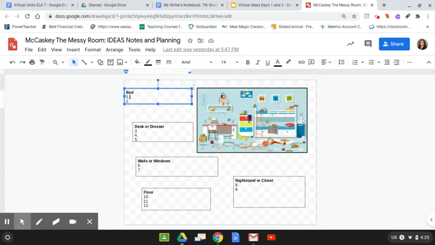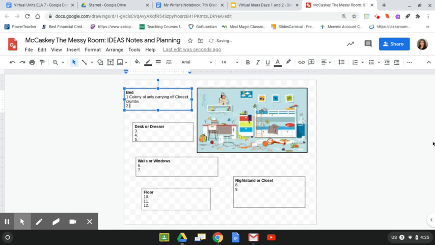So first off, I'm going to look right here. I'm going to think of the most disgusting room. What would be on the bed? Well, maybe on the bed, there's a colony of ants, and they are carrying off some Cheez-It crumbs. Gross.